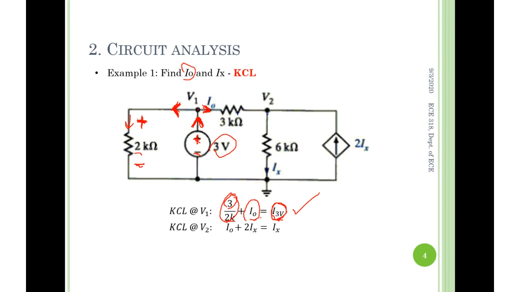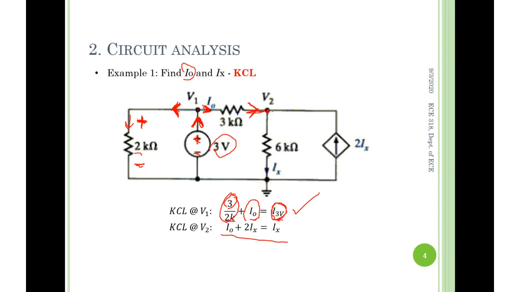And then go to V2. V2 has 3 currents involved as well. The current going through the 3 kilo ohm is I naught, towards right. We don't even need to assume.